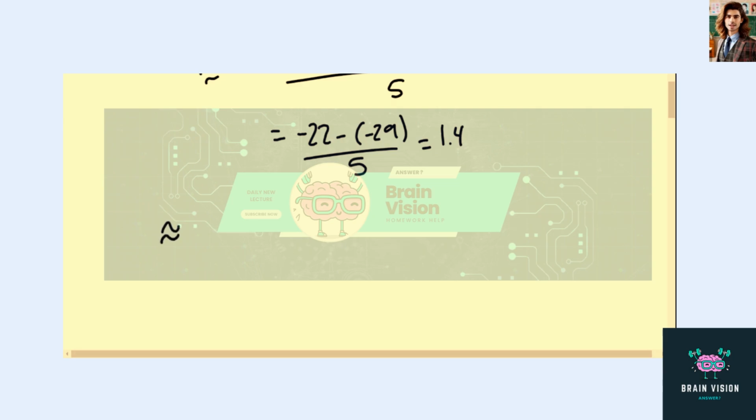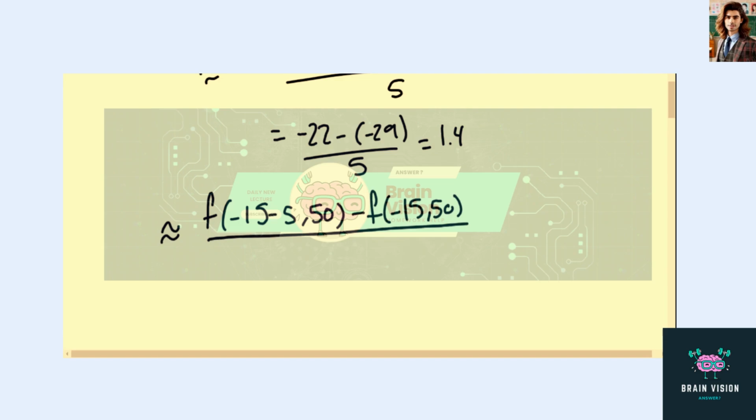So the derivative is also going to be approximately equal to f of negative 15 minus 5 and 50 for the wind speed, minus f of negative 15 and 50, over negative 5, which is equal to negative 35 minus negative 29 over negative 5, which is 1.2.